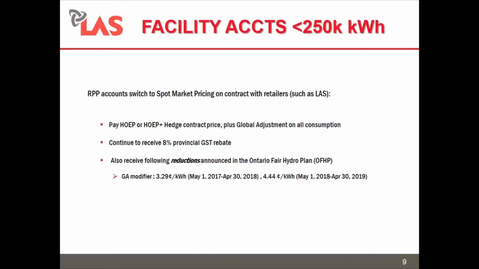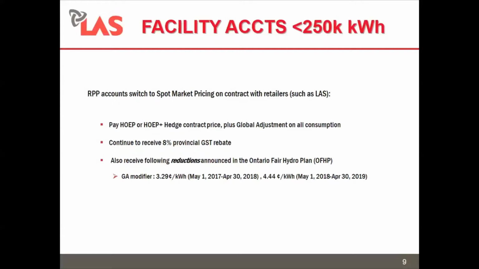If you remember when we discussed in the earlier section, when you sign a retail contract, you pay the spot market rate plus GA. So you could be on the RPP rate because you have a small volume, but when you sign a retail contract, you will pay HOEP plus GA. So that's one thing to remember.